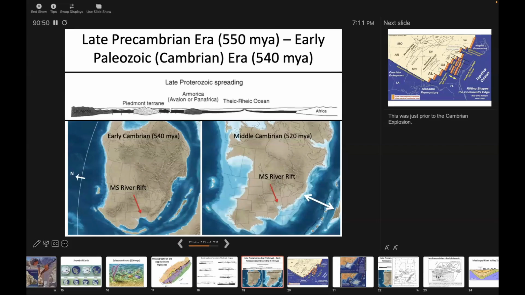Think about that. The conditions needed for the Mississippi River to be where it is today have their origins at the time of the Cambrian explosion more than 500 million years ago. 500 million years ago is how far we go back to begin to explain where the modern day Mississippi River is.